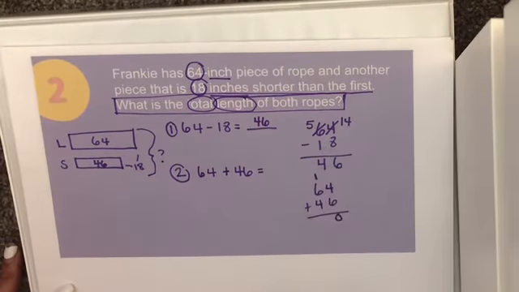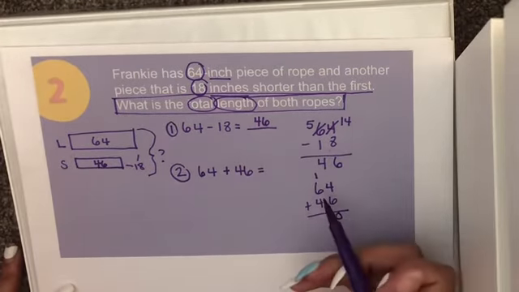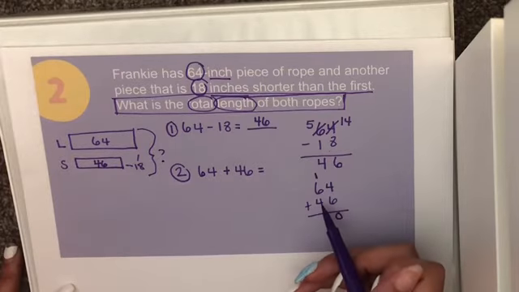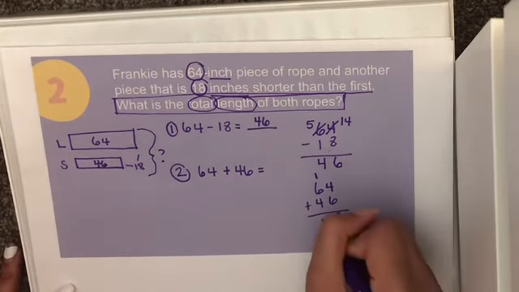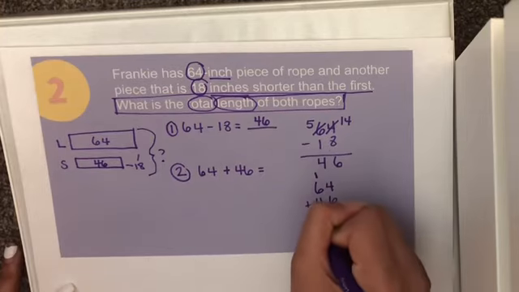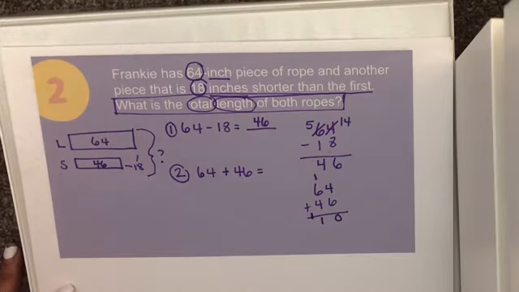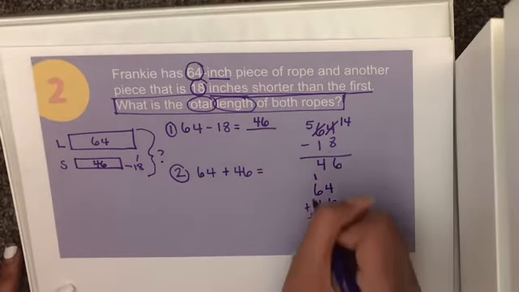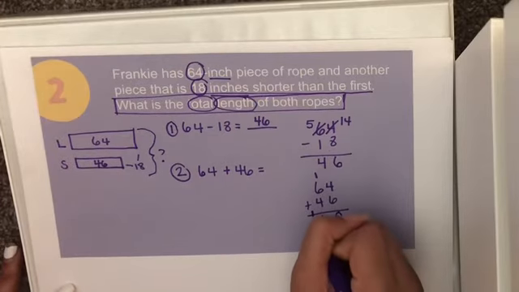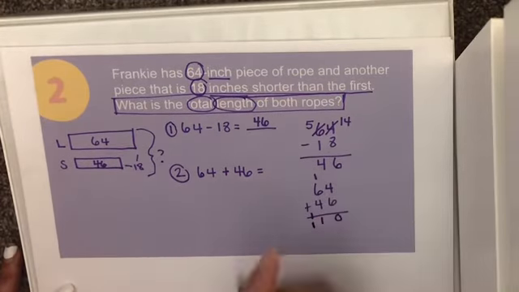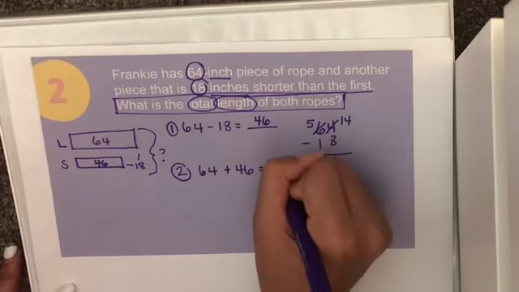Carry that one over. 6 plus 4 is 10, plus 1 more is 11. But remember, we have to carry it over because there's not enough space. And then that one becomes a 100. So then my total is 110.